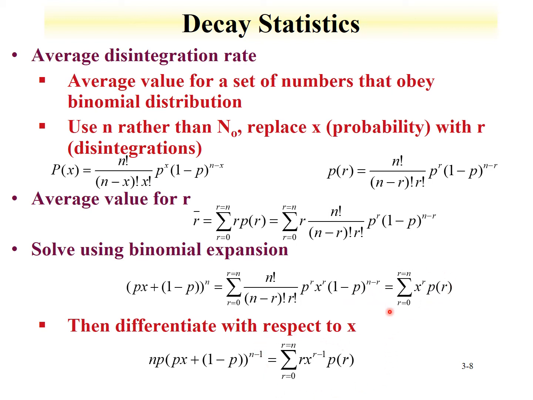So we have this binomial expansion, we differentiate with respect to x within this expansion, and now we have this, which again we're using as a way of trying to describe an average disintegration rate, which is this equation here.